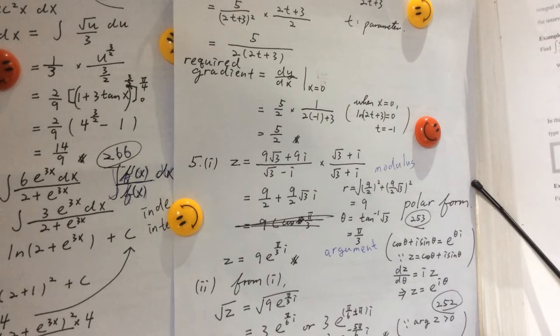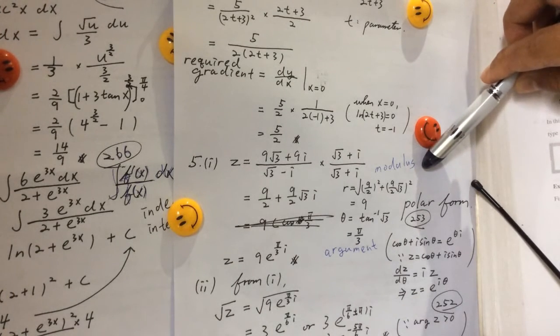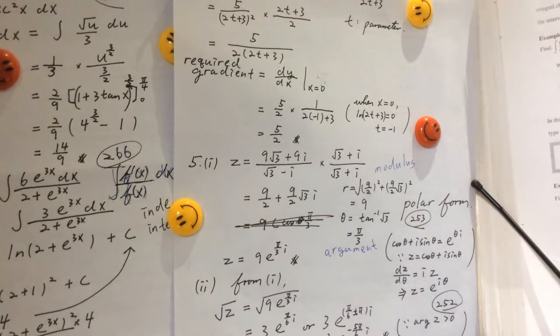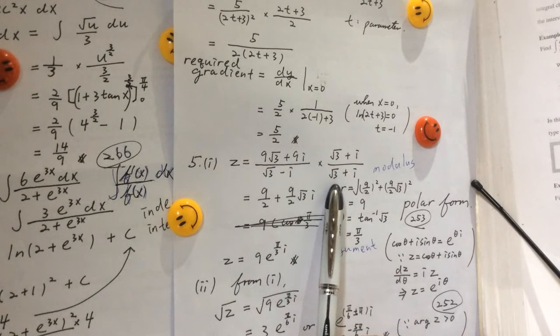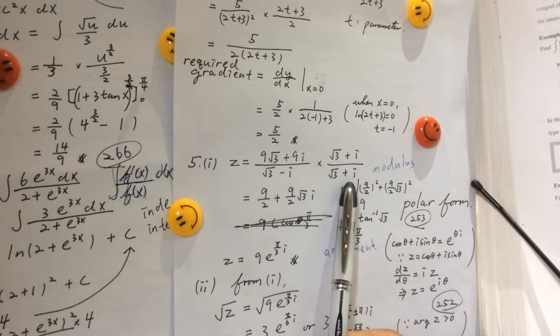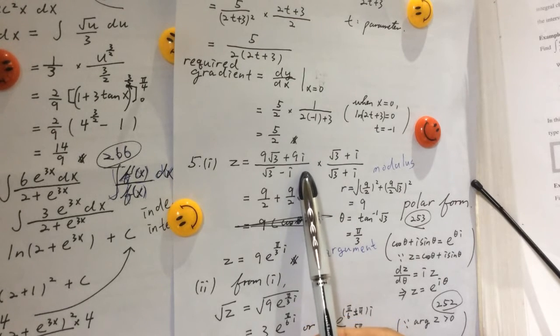So try to find the modulus and argument for this polar form. So we know the properties of complex numbers. First of all, we rationalize the denominator by multiplying square root 3 plus i to both numerator and denominator.